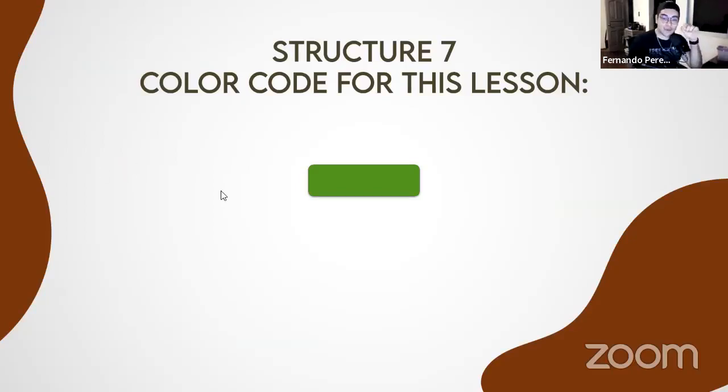And the color green includes, number 1, verbs, of course. And also, it includes auxiliaries.